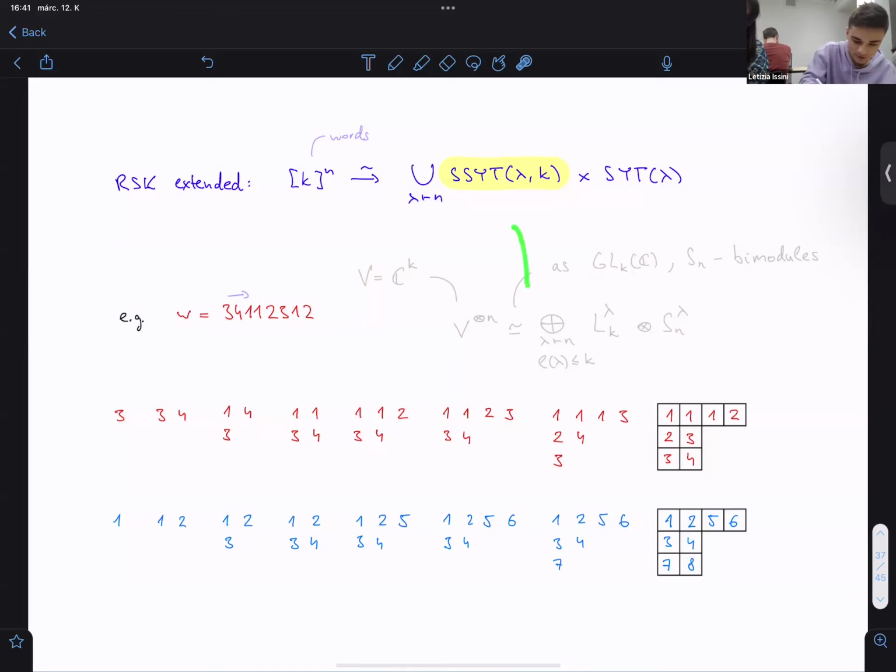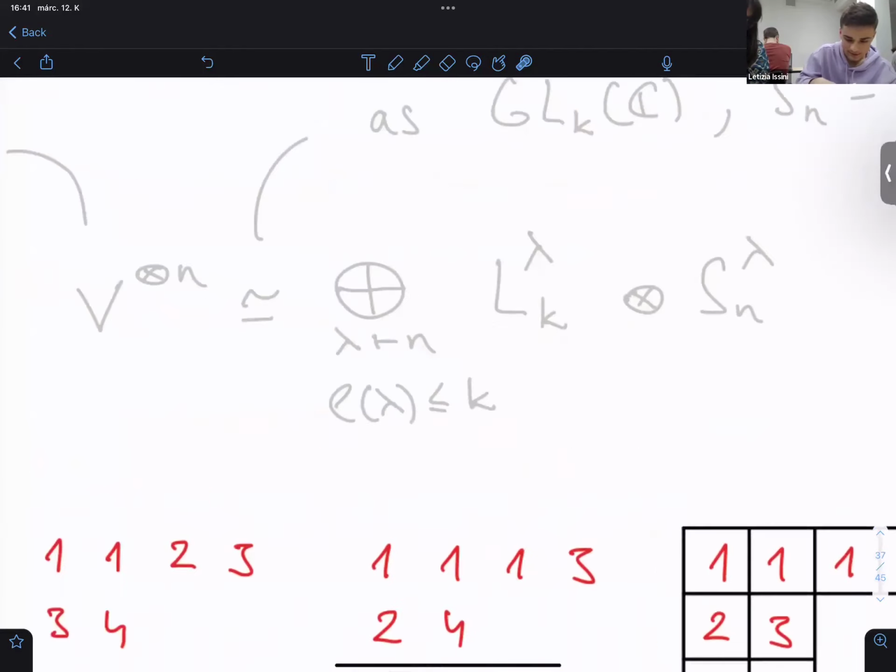Well, if we take dimensions on both sides, we see that the dimension of this guy is k to the n, the dimension of this guy, we saw, is the number of standard Young tableaux of shape lambda. So the dimension of this guy should be the number of semi-standard Young tableaux of shape lambda and letters from 1 to k. And if we look at the index set, for this to be non-zero, we need partitions of n.